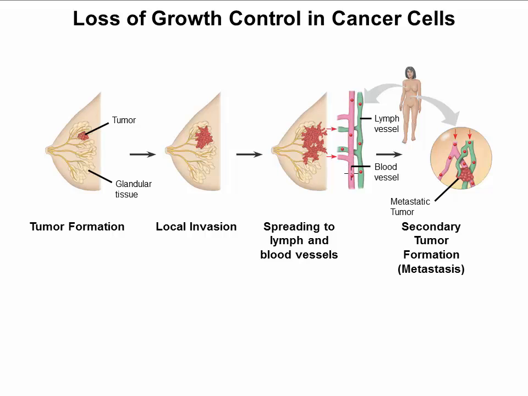And once the tumor cells reach those circulatory vessels, then they can start to circulate throughout the body, and they can actually set up what are called second site tumors in other areas of the body. And once that happens, then that becomes very, very difficult to treat. And that process of spreading from the primary tumor site to setting up second site tumors is referred to as metastasis.